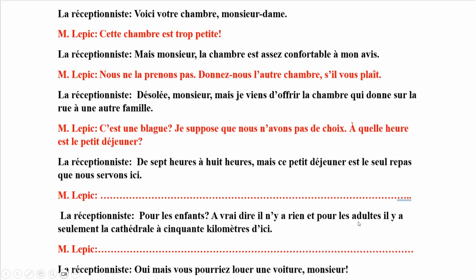And for adults, there's only the cathedral 50 kilometers away from here. So based on these two responses here, we have an idea of what we might say. But always remember, you must refer back to the cues to see what needs to be added next.